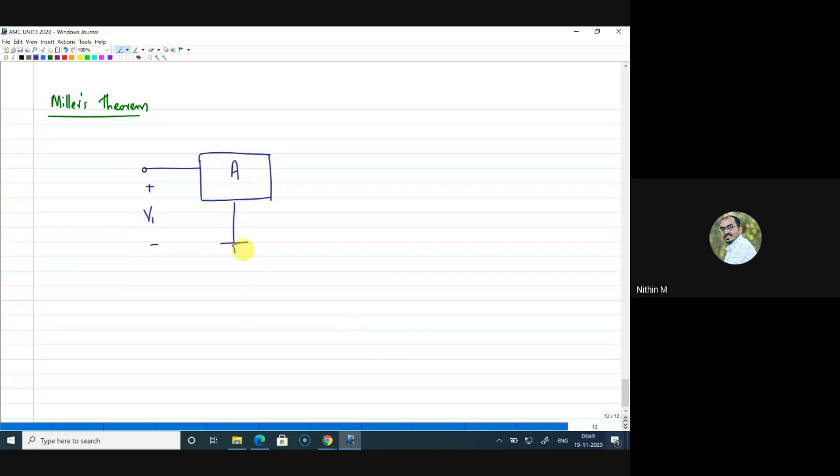I'm calling it V1, it can be Vin also. The output from this amplifier is considered as V2.